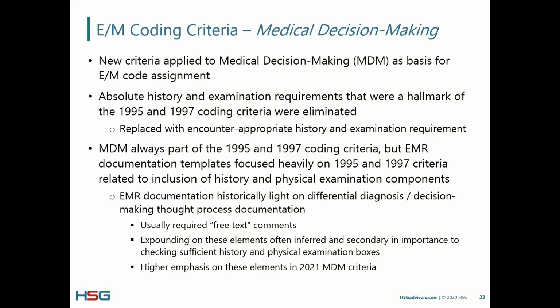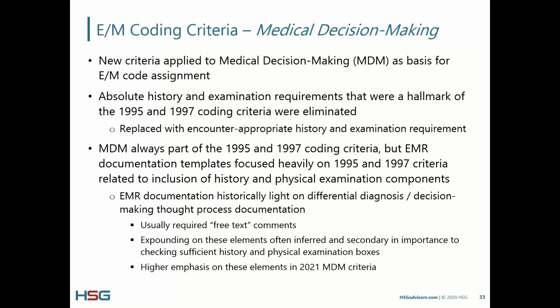There was very little connection. Now with the new 2021 medical decision-making elements, these connections are going to need to be more apparent, in my mind, and can't be implied. So again, this can create a little bit of concern and some consternation that we might have to change our documentation patterns to be able to more fully cover this.